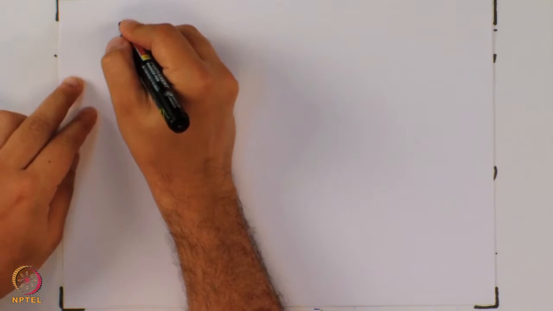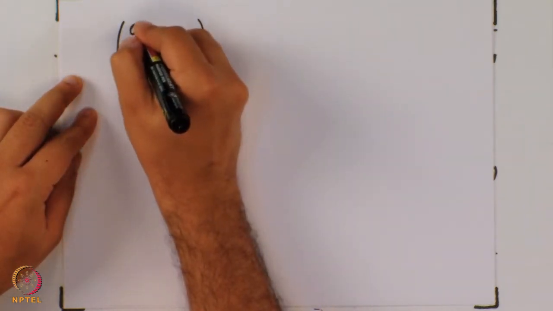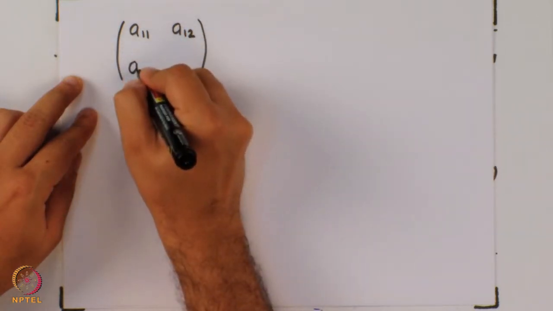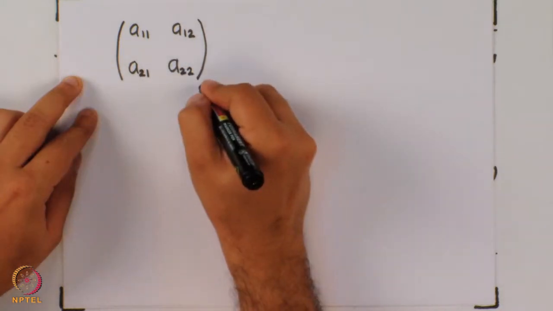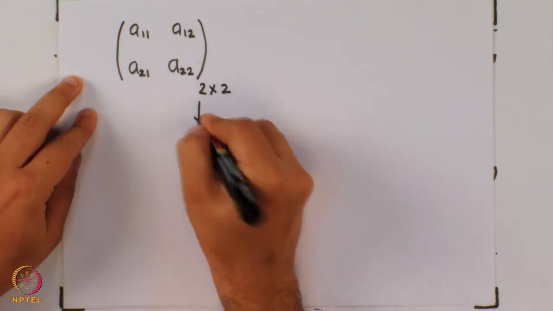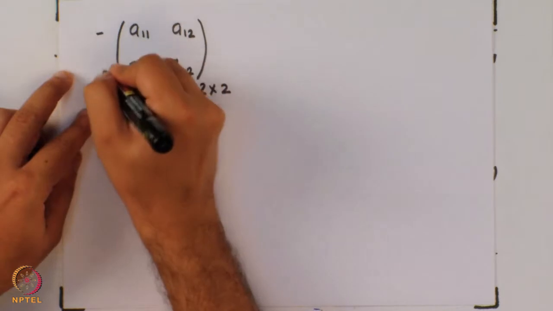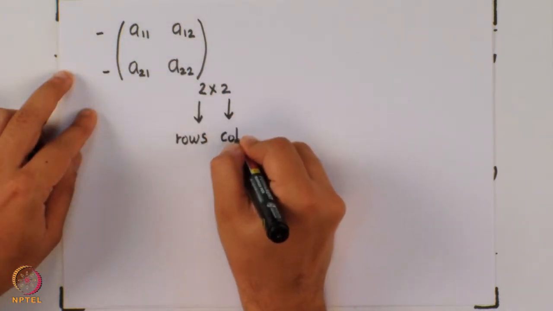A 2 cross 2 matrix would look something like this. Say its elements are A11, A12, A21, A22, and this is represented as a 2 cross 2 matrix. This 2 here represents the number of rows. So there are 2 rows, and this 2 represents the number of columns.